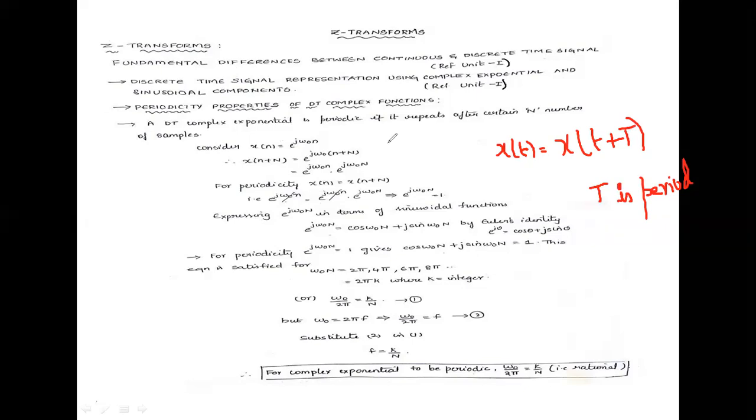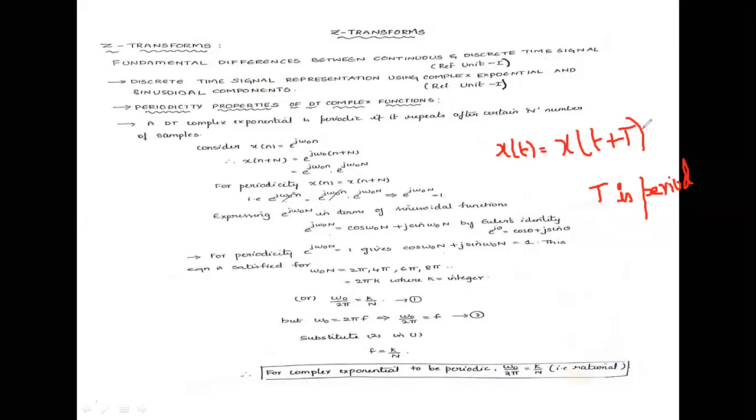The given signal is periodic, which means x of t is equal to x of t plus capital T, where T is the fundamental period. Even if you add T to the given signal, it is equal to the same. At equal intervals of time, the signal is repeated with the period of T.